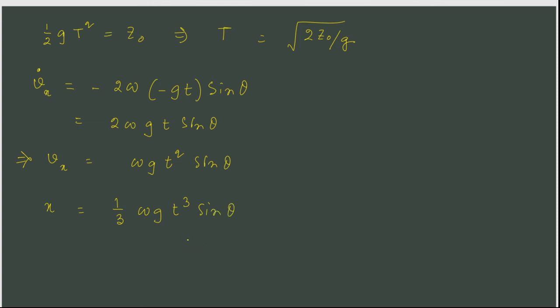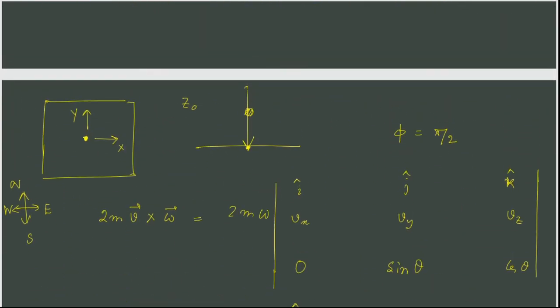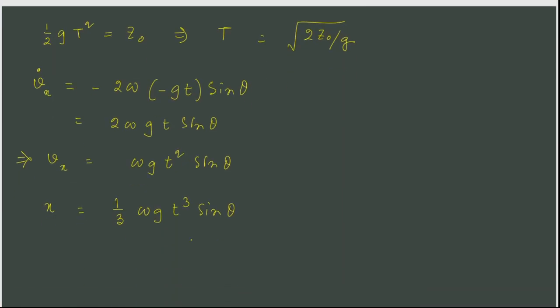This is the solution. All the integration constants are 0 for the simple reason that at t equal to 0 the velocity along the x-axis was 0, and also we are assuming that the point from which we are dropping it is the origin. No harm done, because no other objects are involved, so only one particle is falling, and that could be the origin. That means initially at t equal to 0, x was 0.